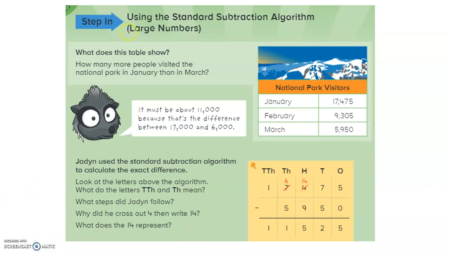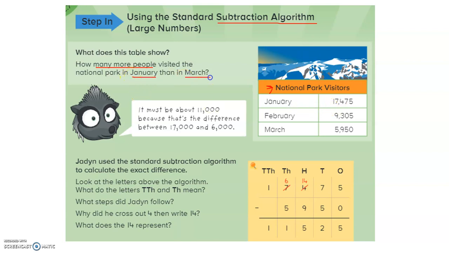So for the step in, what does this table show? Obviously it shows the national parks and how many visitors there were. How many more people visited the national park in January than in March? You are going to use the subtraction algorithm, which is what we're studying right now.